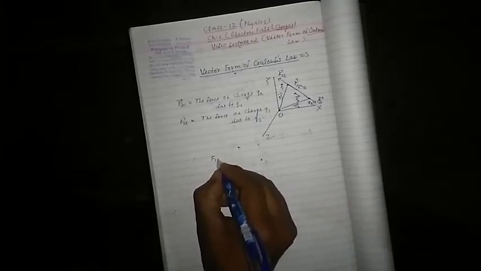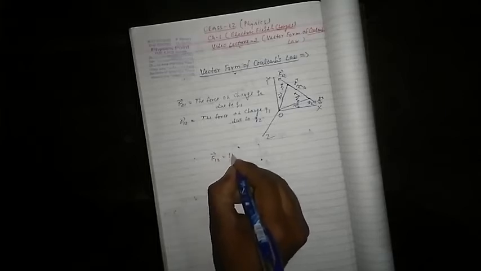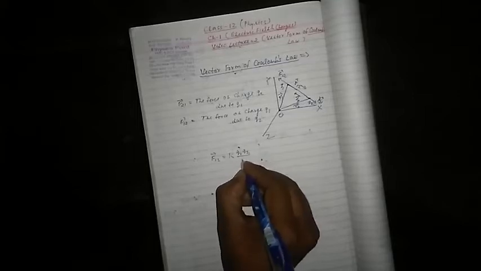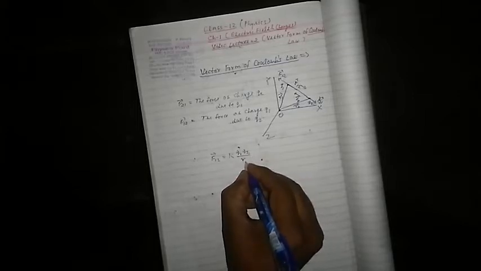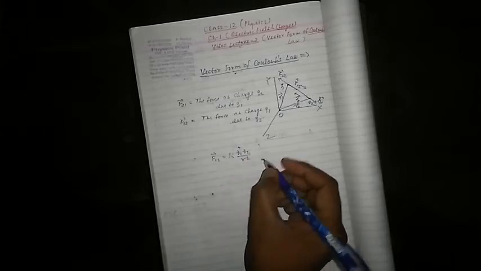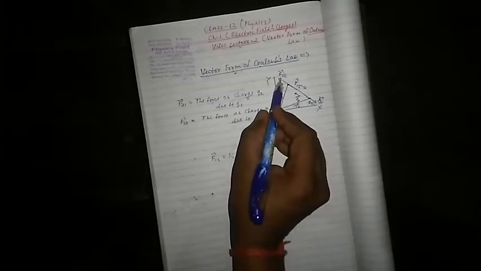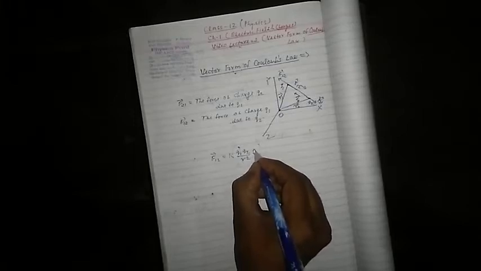Therefore we can write F12 is k q1 q2 by r square. In which direction is F12? In this direction, from 2 to 1, this side.